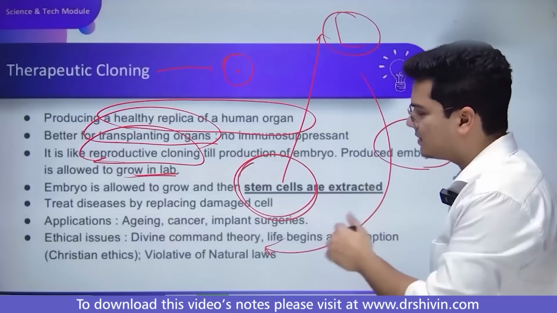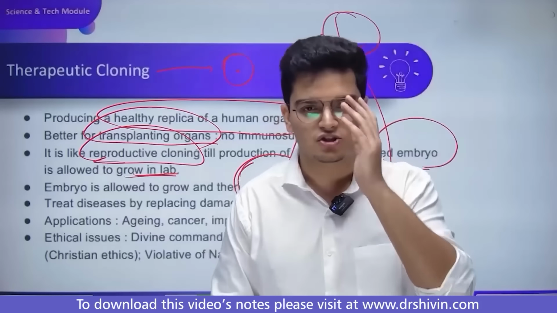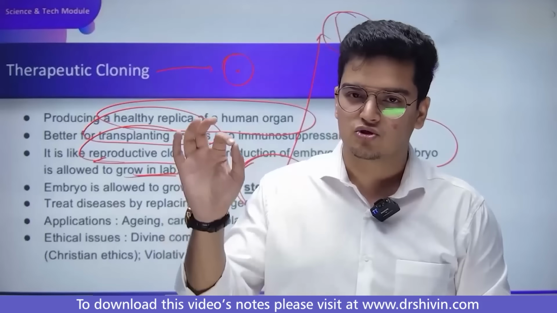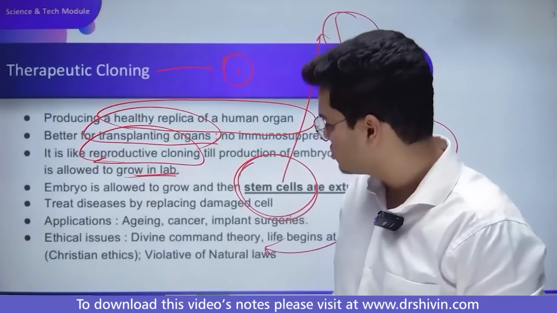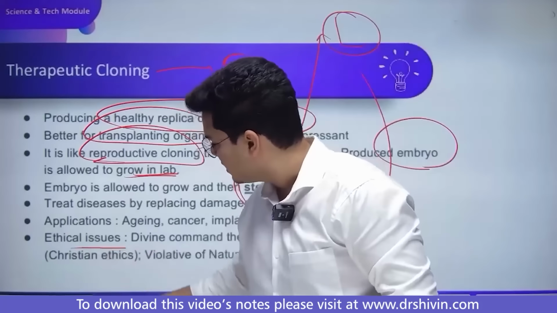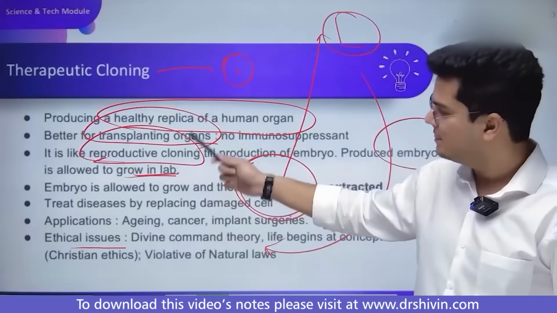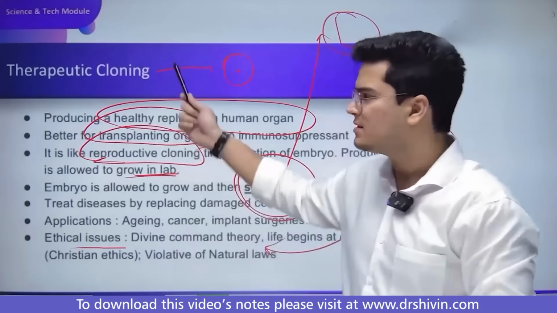It has certain ethical issues called divine command theory or Christian ethics. Actually, Christian ethics say that even if there is one alive cell, it is just to be considered alive. They say life begins at conception. So Christians believe, or Christian ethics say, that this would be the murder of a living child. And this is, you can agree with it or disagree with it, but this is an ethical dilemma in therapeutic cloning.